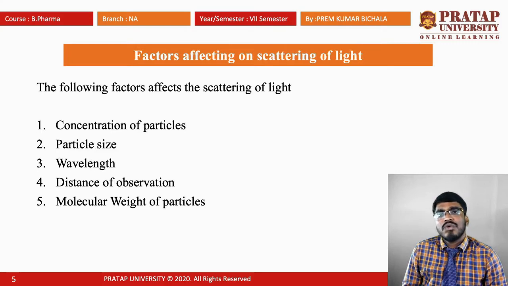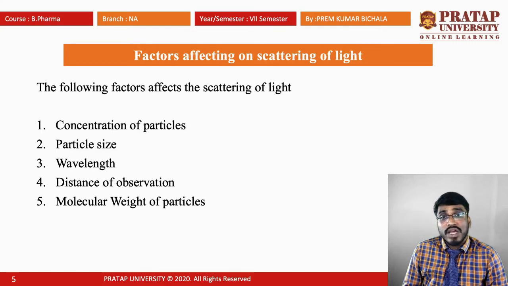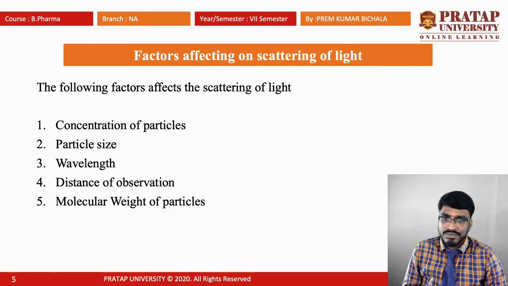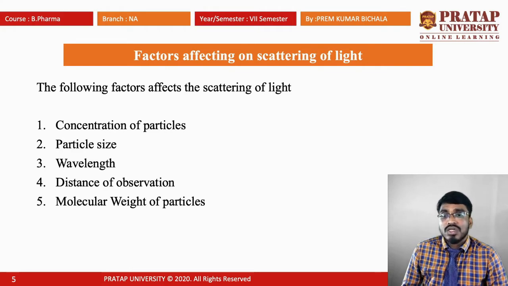Now we have some factors which affect the scattering of light: majorly concentration of particles, particle size, wavelength, distance of observation, and the molecular weight of the particles.